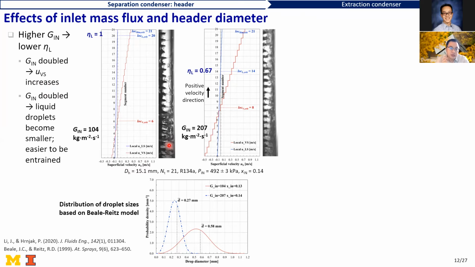We also need to determine the shape, basically the size, of the liquid droplets, and we use a flow regime model to do that. And we see that with the higher inlet mass flux, from the model the diameter of the liquid droplets also becomes smaller. So that makes it even easier to be entrained upward.